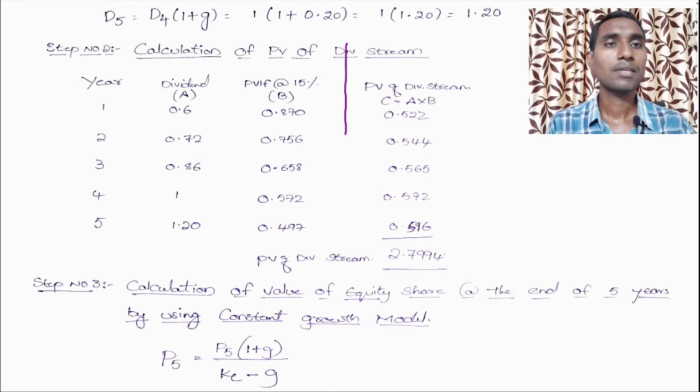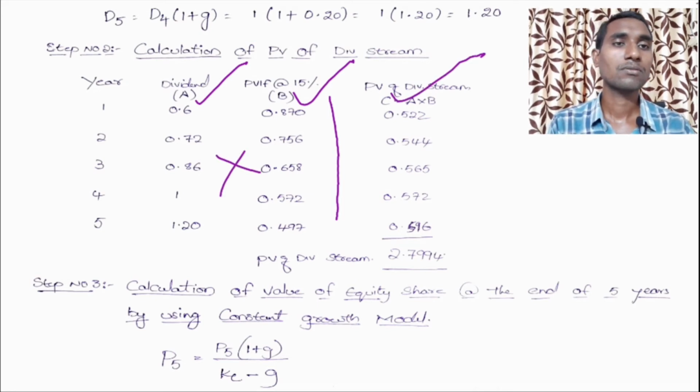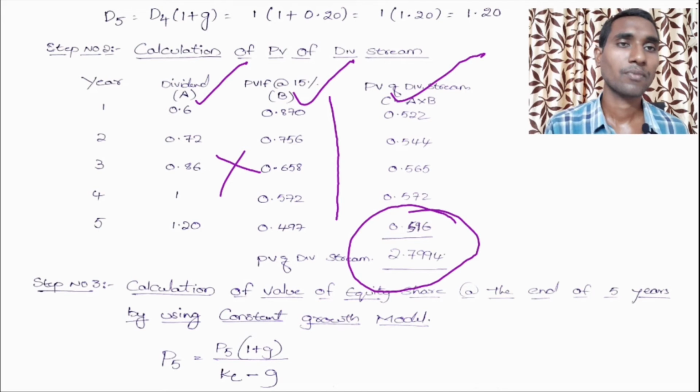So I have done the same thing. Then I have assumed this as A, this as B. C is equal to A into B. So I got this total.